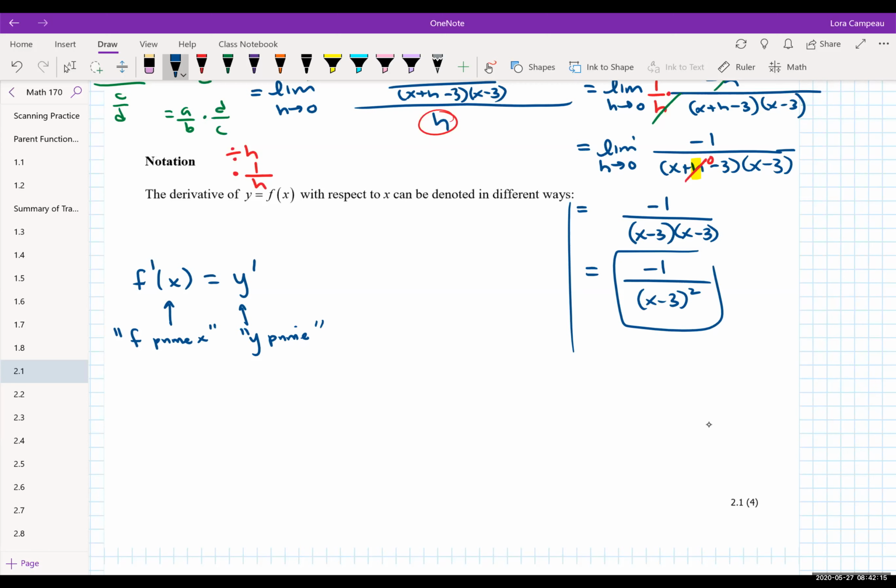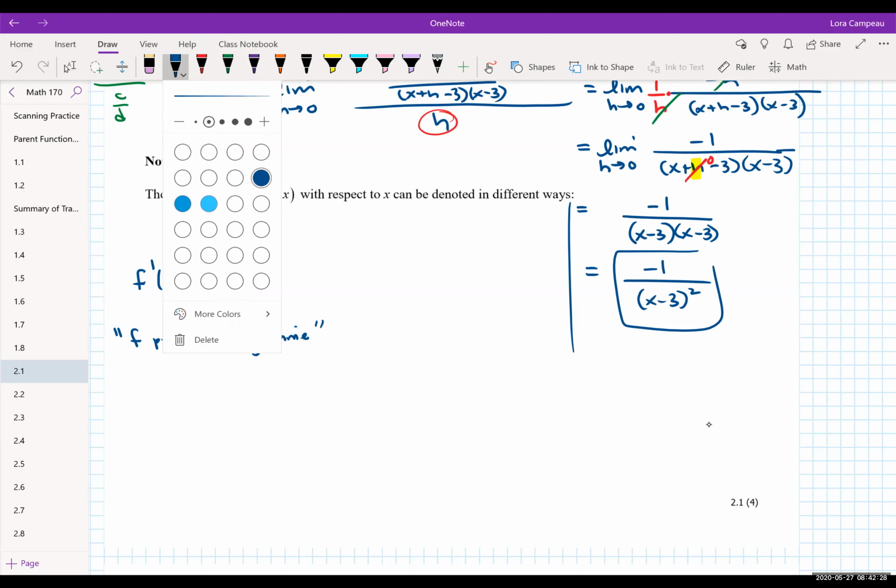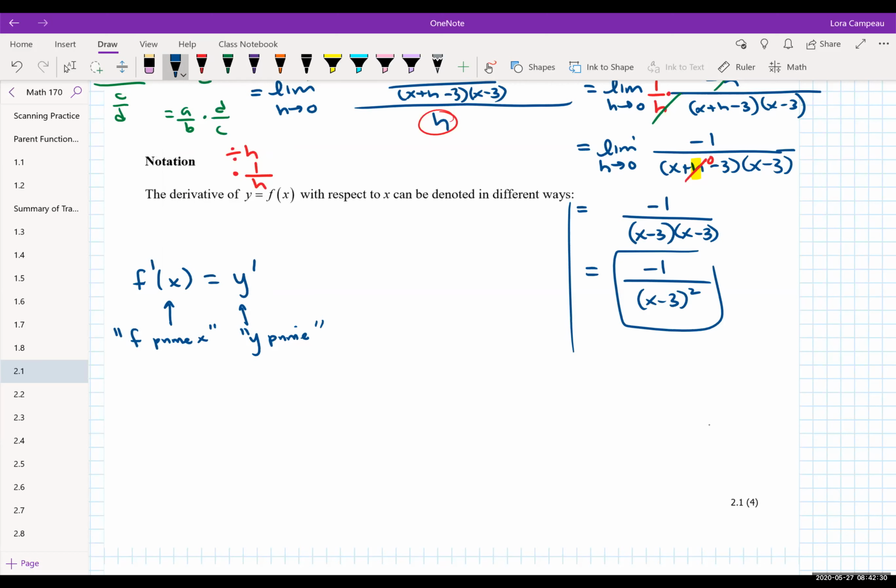Now, another way, remember, calculus was invented by two separate people in different parts of the world. We have someone named Leibniz, and this is another notation that could stand for the same thing. So if I can write this out, we can talk about this as dy over dx.